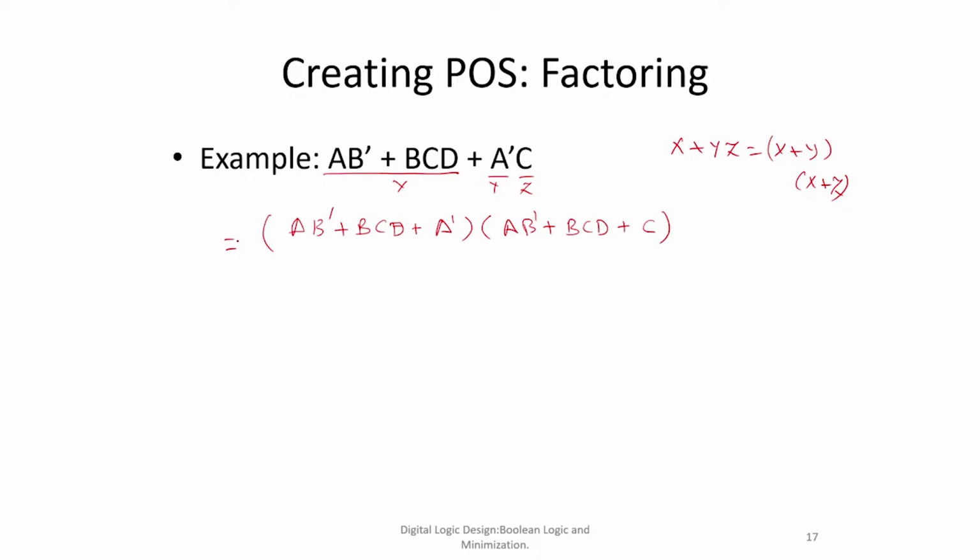Wherever there is any product term, I can go and simplify that. If there is anything else which I can use for simplification, I can use those things as well. So if I want to do it further, then the next thing I can do here: if I see this part, ab' bcd plus a', this looks like something where we can use some other theorem.